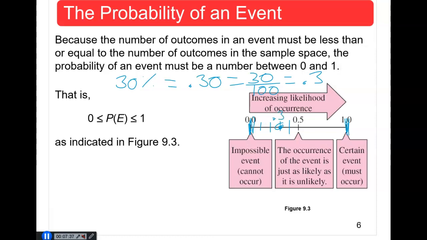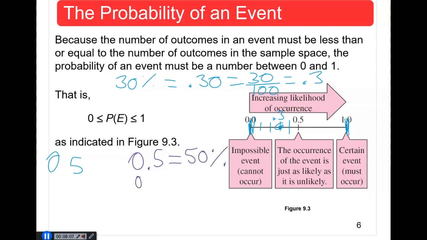0.3. And if we were to convert a probability of 0.5 to a percent, it will be equal to 50%.